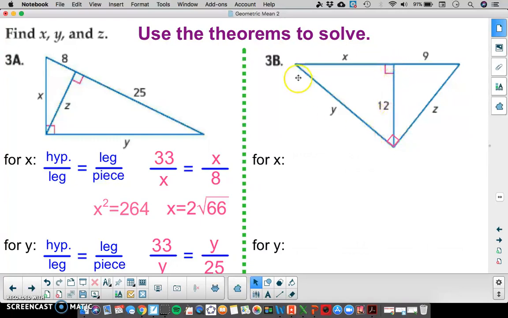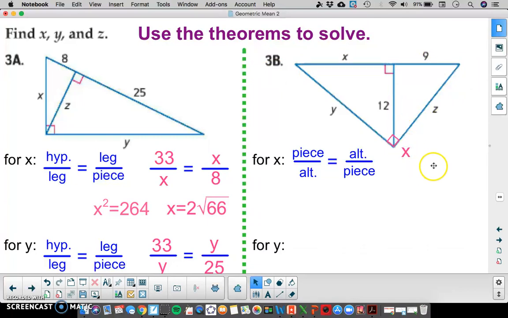However, notice we don't have the leg that it corresponds to, but we do have the altitude. So let's use the altitude theorem, which says piece over altitude equals altitude over piece. So 12 is going to be the geometric mean of the two pieces of the hypotenuse of that right triangle. That's what the altitude theorem says.